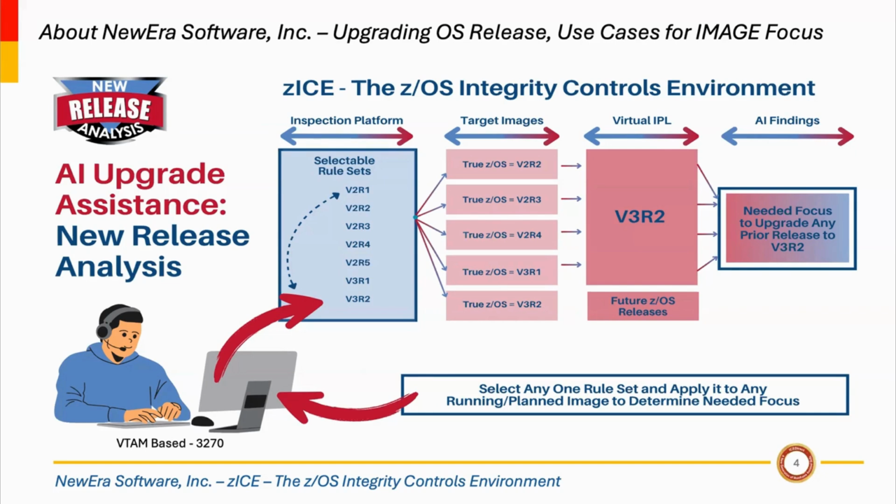His task is to begin the process of upgrading from one release of the operating system to the next. Now, in this case, he's attempting to upgrade from a release, could be 2.2, 2.3, 2.4, 3.1, to the recently announced and soon to be available 3.2.